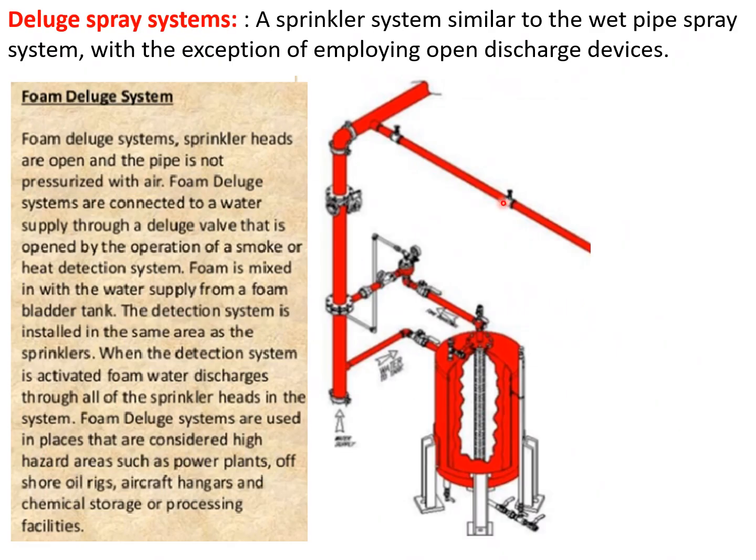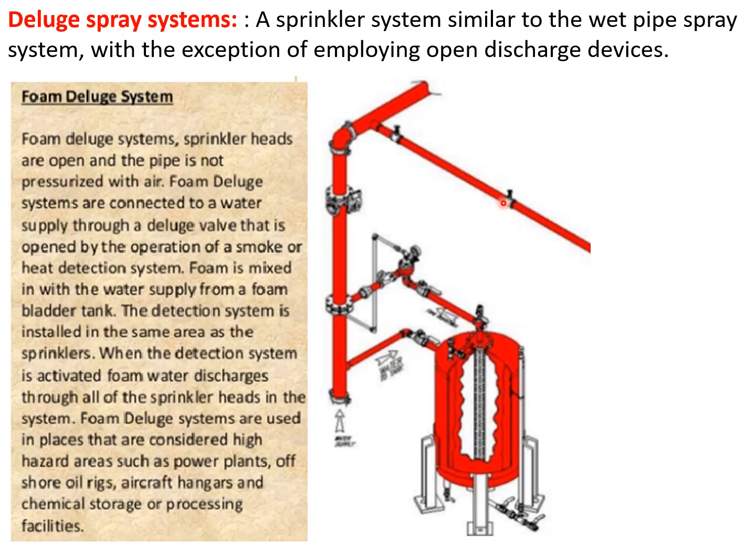Friends, the foam deluge spray system is similar to water type deluge spray systems. It is a sprinkler system similar to a wet pipe spray system with the exception of employing open discharge devices. In the foam deluge system the sprinkler heads are open and the pipe is not pressurized with air. Foam deluge systems are connected to a water supply through a deluge valve that is opened by operation of a smoke or heat detecting system.